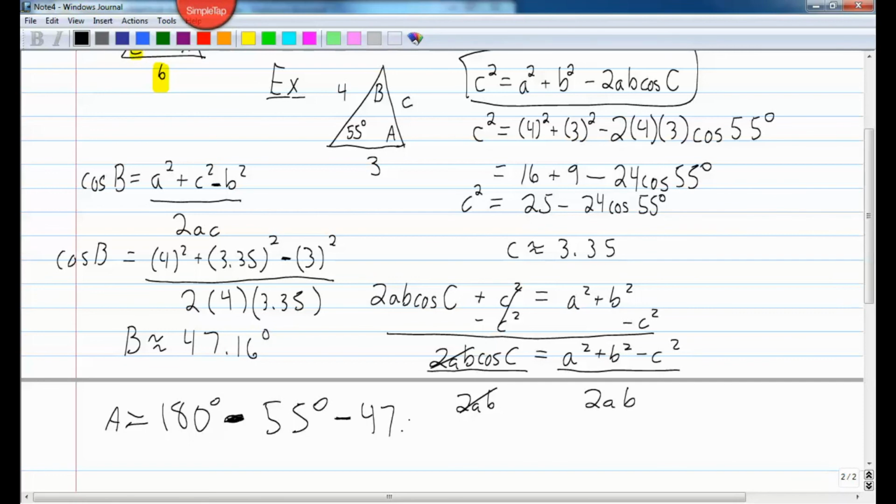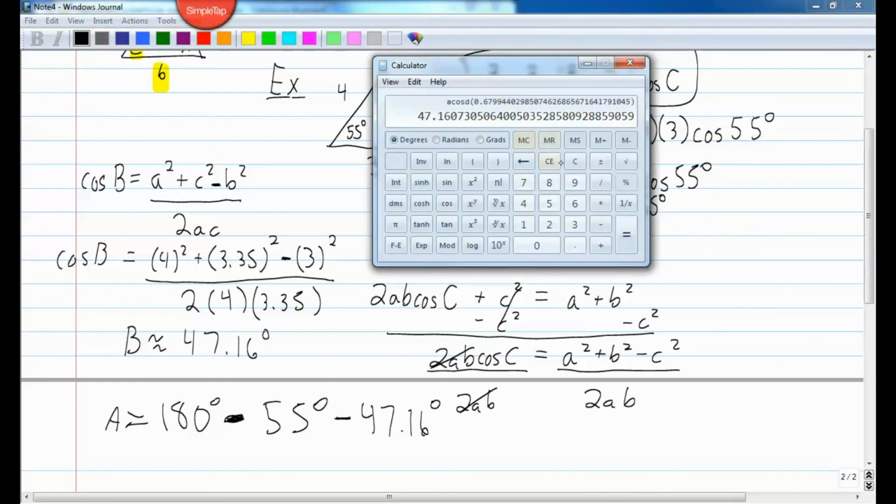That was 47.16 degrees. All right, so you can do that in the calculator pretty easily. And angle A is 77.84 degrees.